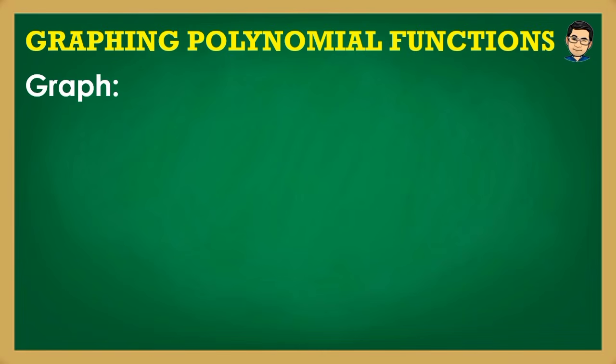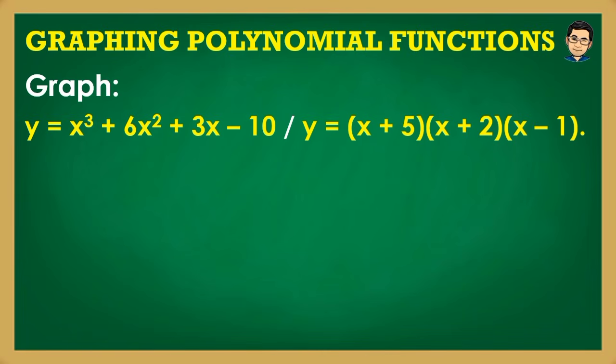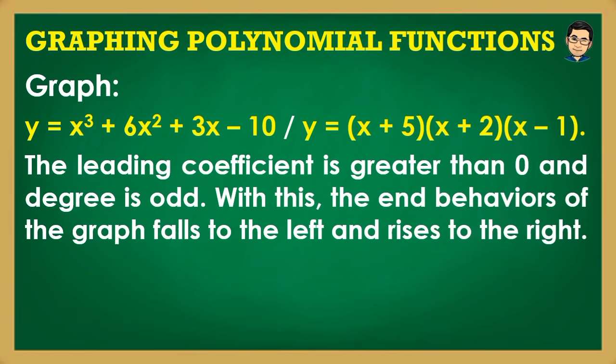Next, graph. The leading coefficient is greater than 0 and the degree is odd. With this, the end behaviors of the graph falls to the left and rises to the right. So, explain lang natin bakit ganyan yung end behaviors ng ating given function, ng graph niya.